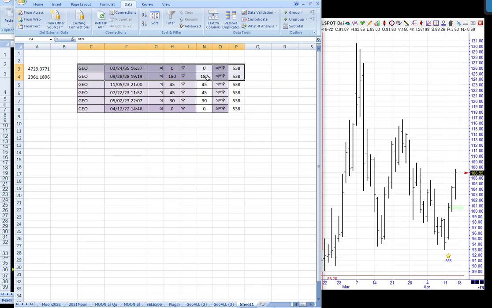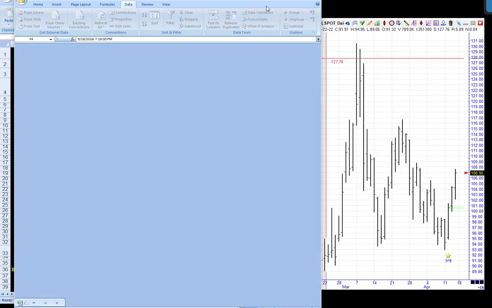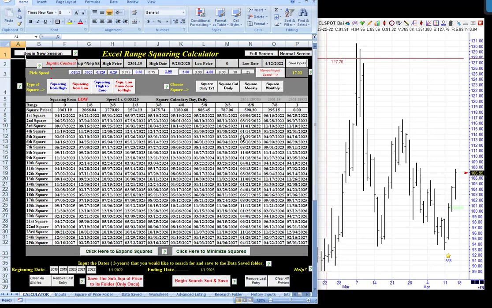From 0 to 180 back to 0. So we are going to look at these two, and that's the range we are squaring. That's the range we are plugging into this deal.